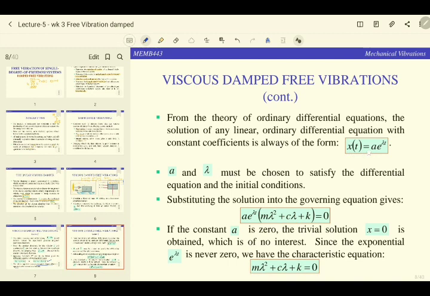You assume x(t) equals A e to the lambda t, because it's easy for you to cancel out. Then you take x dot. Sorry, let me just erase this a little bit.